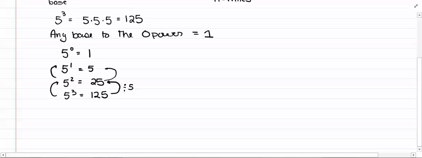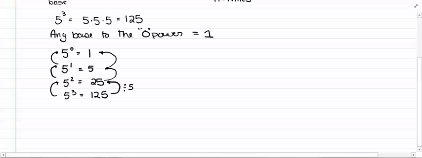Drop it by a degree again, and 5 divided by 5 is 1. And that works for any base when we raise it to the 0 power, with the exception of the number 0. 0 to the 0 is an indeterminate form, so we don't talk about that one in this course. But any other number to the 0 power is 1.